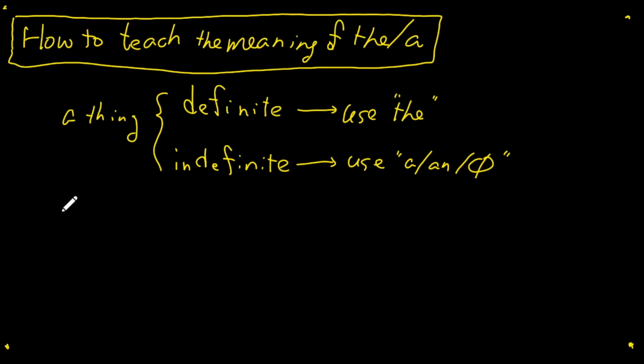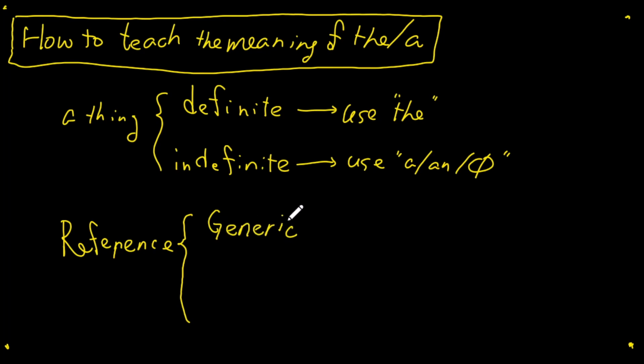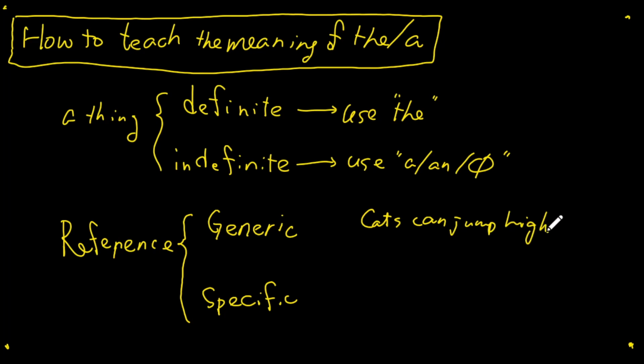So let me explain. Some references could be generic or specific. And what I mean by generic is something like this. Cats can jump high. If I say cats can jump high, this reference is generic because I mean cats in general.